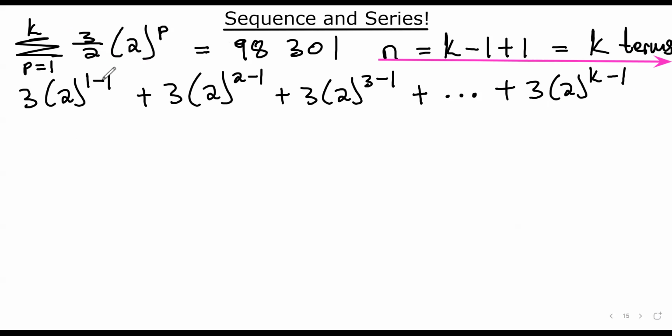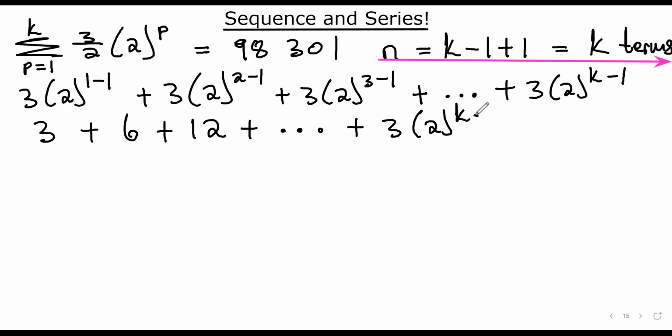Okay, fine. So 1 minus 1, that gives us a 0. 2 to the power 0, that is 1. So the first term is going to be 3. Well, it's actually the same series as before. Well, this one will be 6 and this one will be 12. And this goes on up until the last term, which will just be 3 into 2 to the k minus 1.